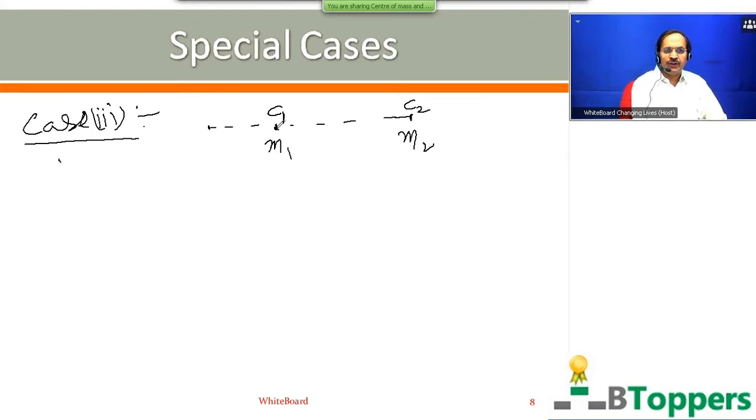That means a rigid body with mass m1 can be considered a point mass m1 located at the position of its center of mass denoted by c1. A second rigid body of mass m2 can also be considered a point mass located at the position of its center of mass c2. Then the line joining c1 and c2, for convenience, we can take as the x-axis.